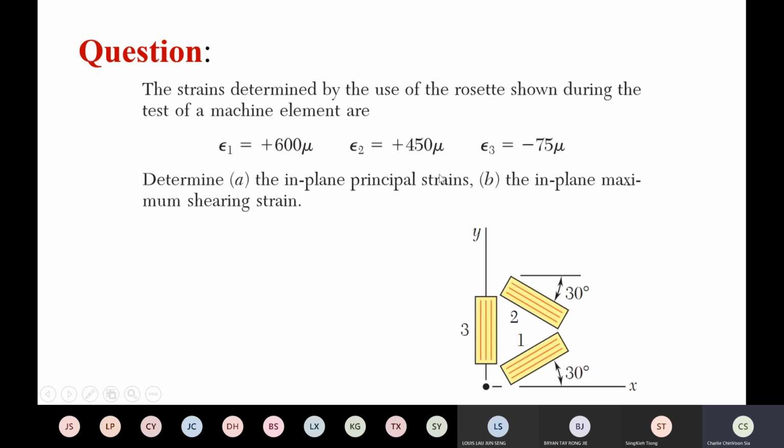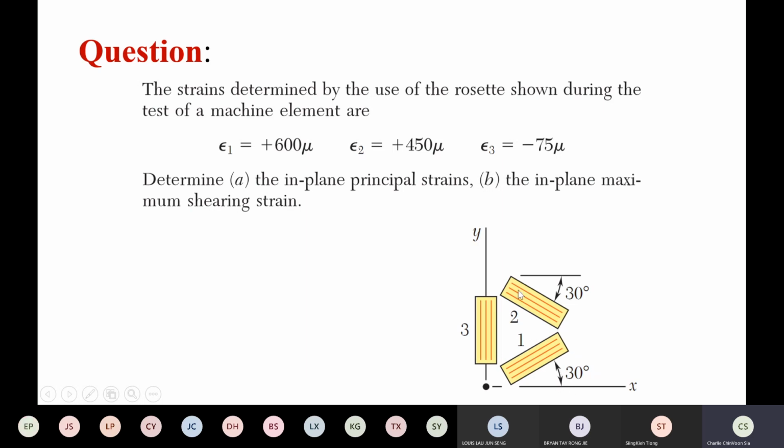If you look at this diagram, we have three strain gauges. Strain gauge number one is 30 degrees from the horizontal. This is the orientation, theta 1.